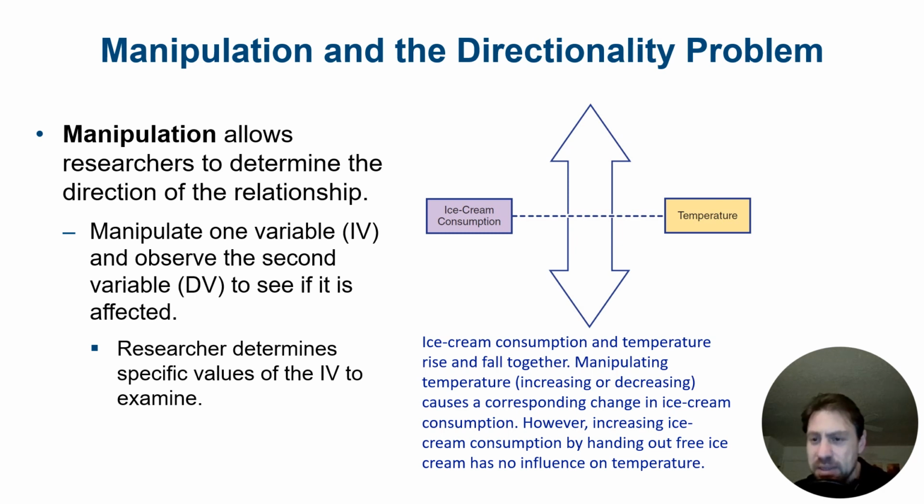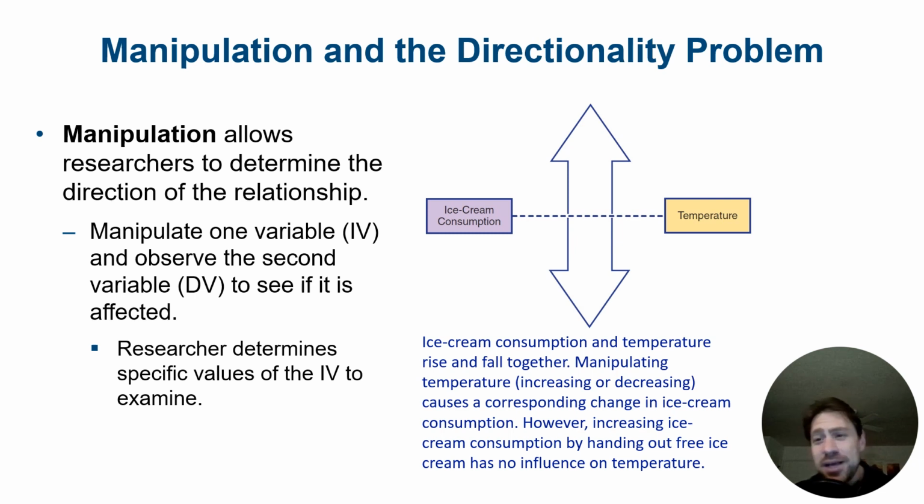A is affecting B. So in the example shown here on the slide, there is a relationship between temperature and ice cream consumption. So both rise and fall together. Now, let's say that manipulating temperature in some location causes a change in ice cream consumption, but manipulating ice cream consumption has no effect on temperature. Well, that would clarify the direction of the relationship. Temperature affects ice cream consumption and not vice versa.